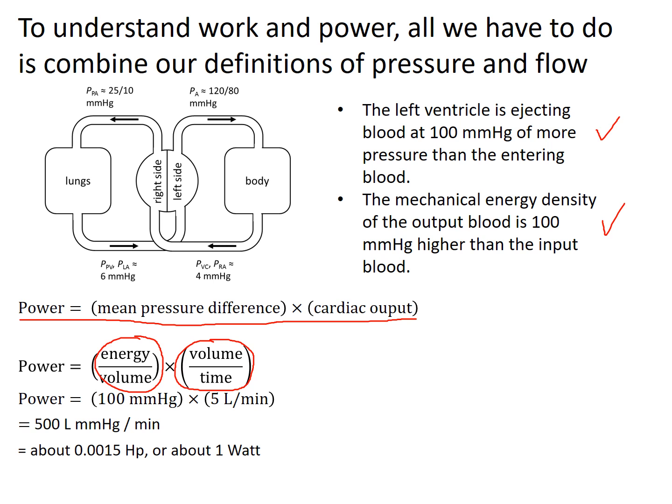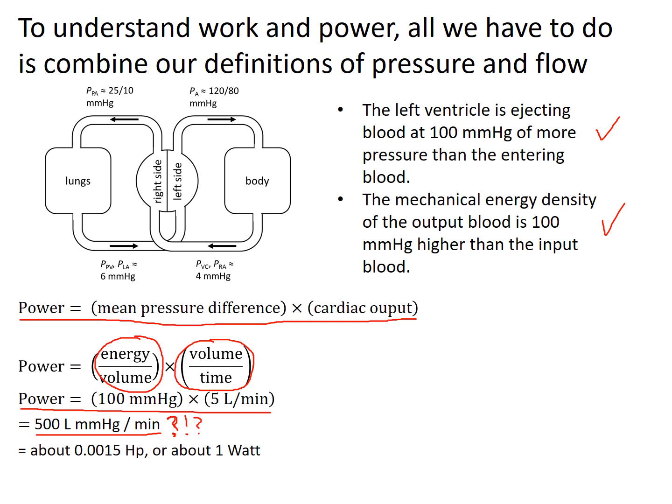So now if you do that calculation using these physiological units, you get a number, 500 millimeters of mercury per minute, which is kind of a nonsense number because it doesn't have much meaning in those units.